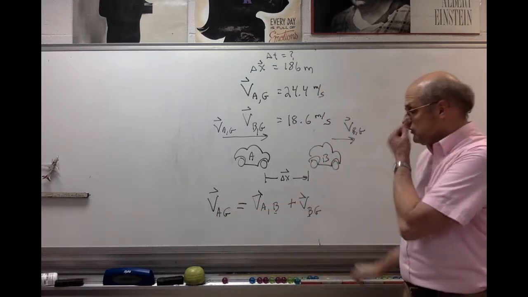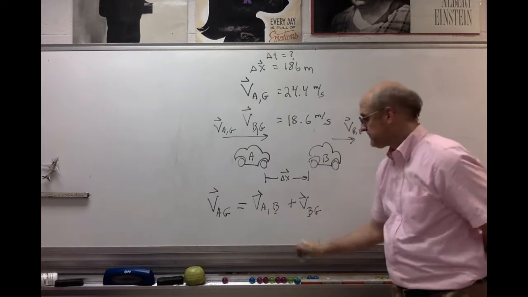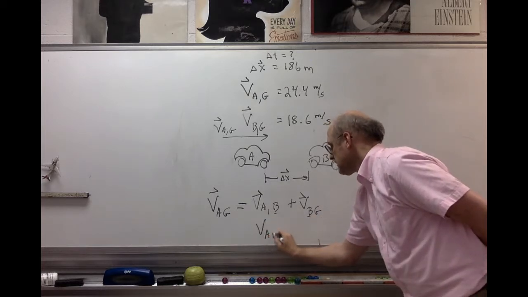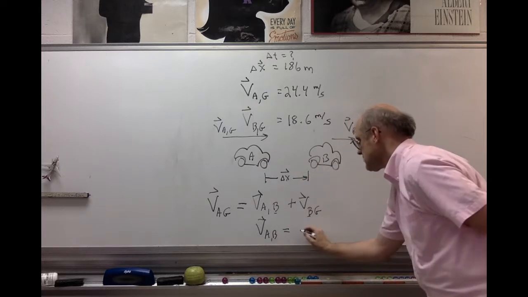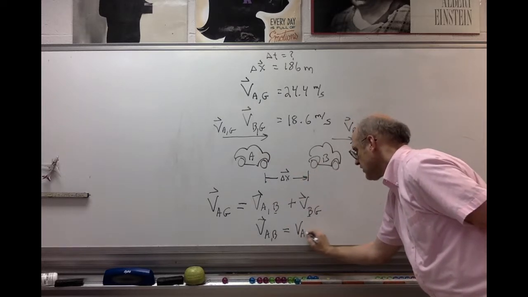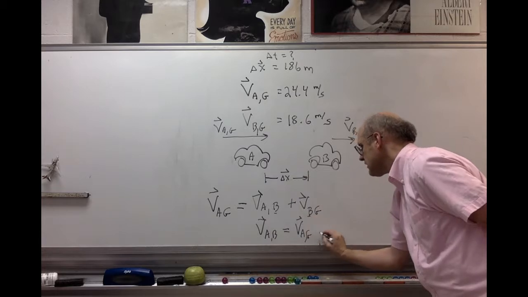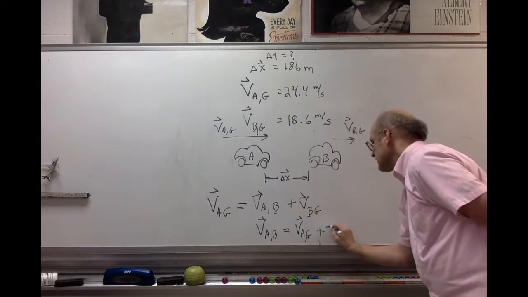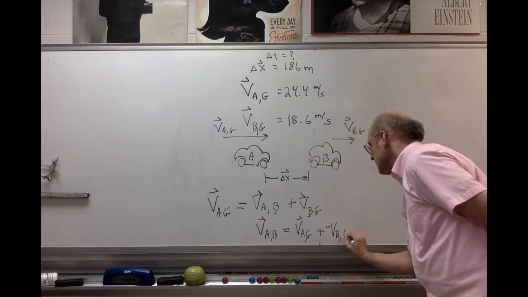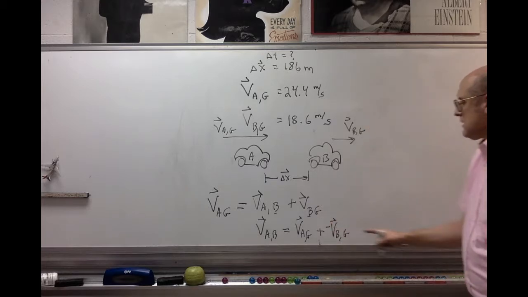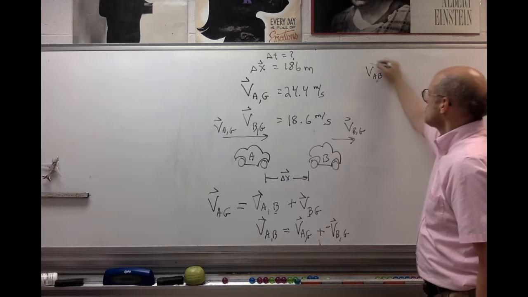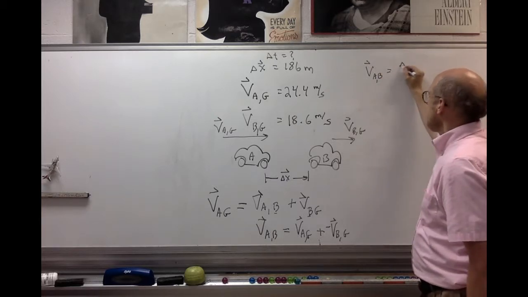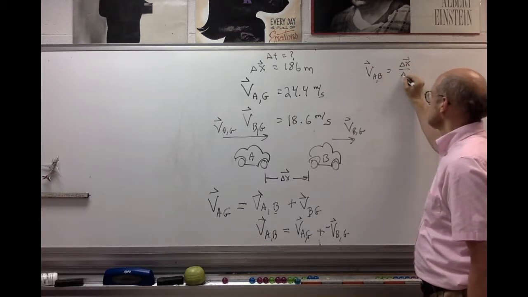Now I'm going to solve for VAB. So VAB, the velocity of car A relative to B, is equal to the velocity of car A relative to the ground minus the velocity of car B relative to the ground. Once we know that, we can set that equal to delta x over delta t.